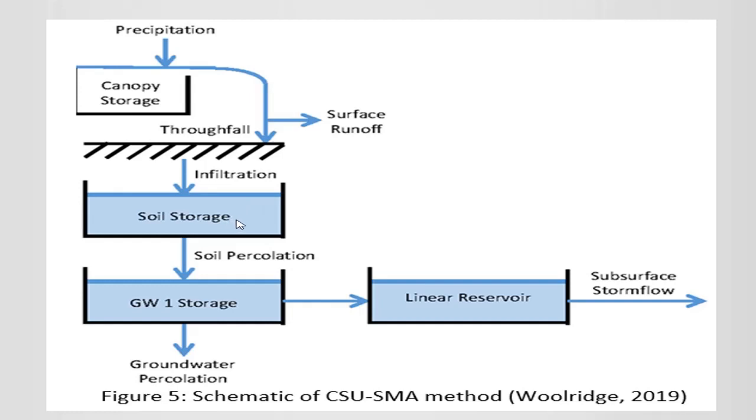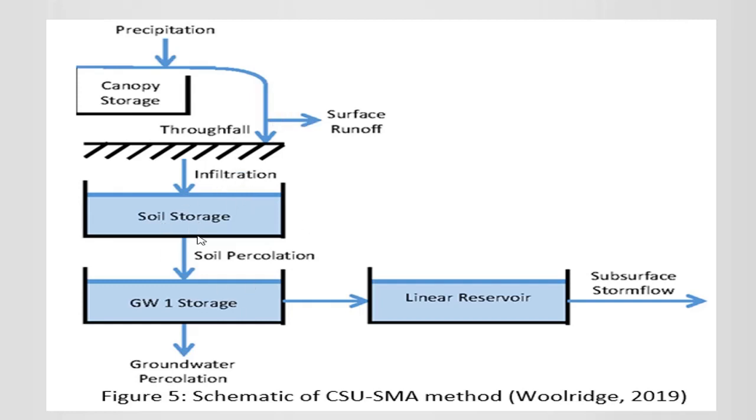So this is the big difference from previous methods. We can allow a higher infiltration rate, more realistic at the front end, but then account for soil saturation by the soil moisture accounting, when infiltration would stop and produce saturation excess runoff.